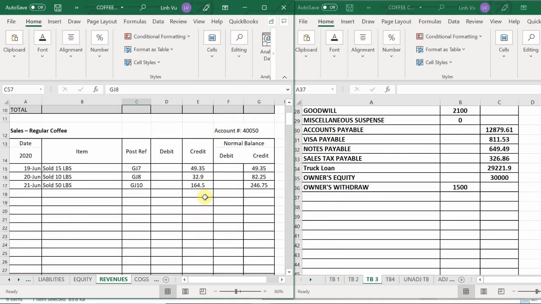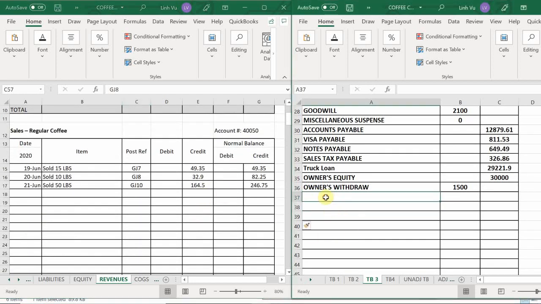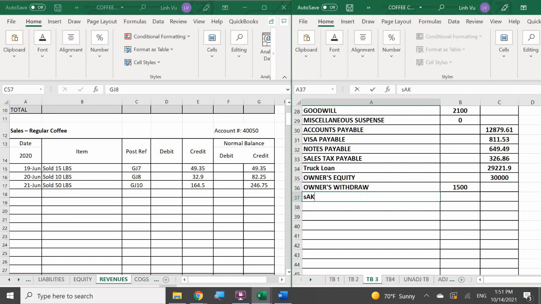So starting from the first account that we have here, we have sales regular coffee for how much? For 246.75 credit. Good. 246.75. Okay.